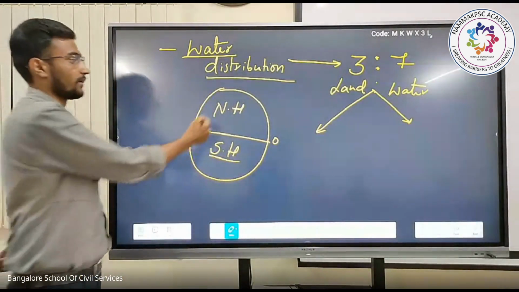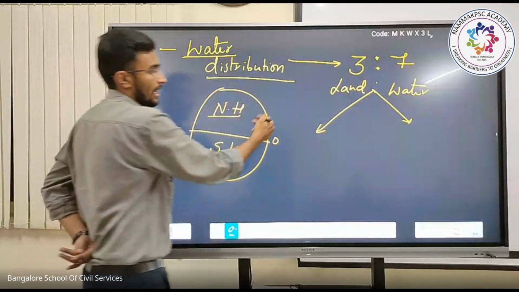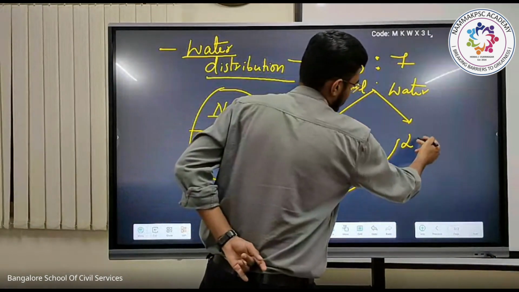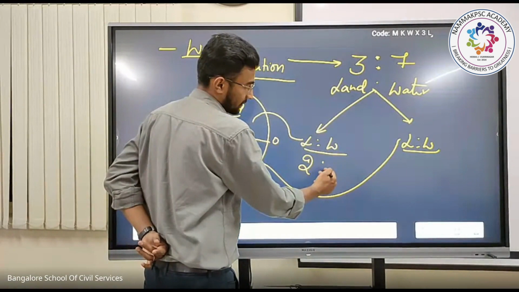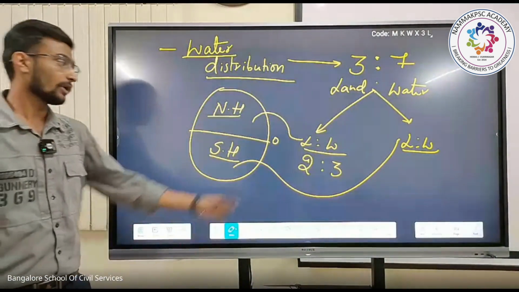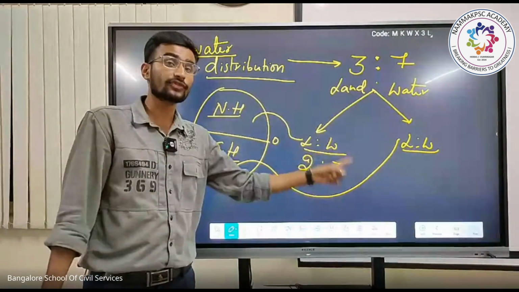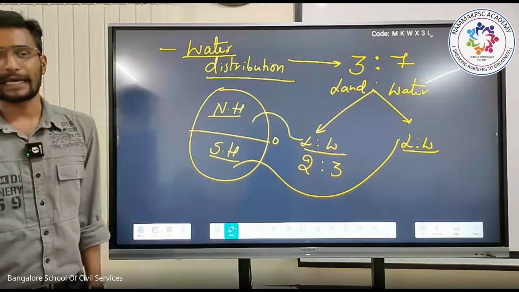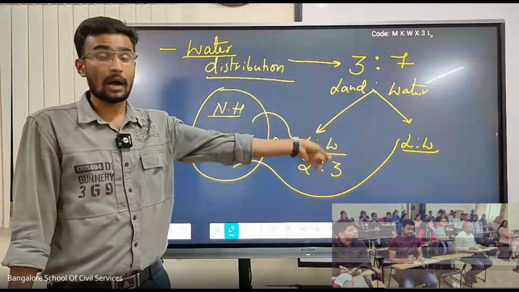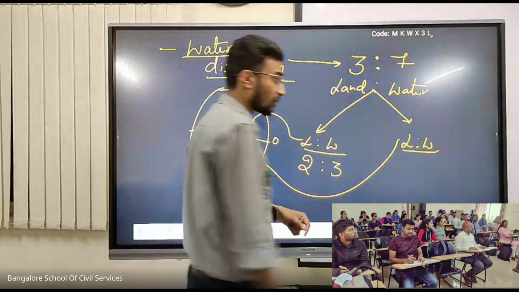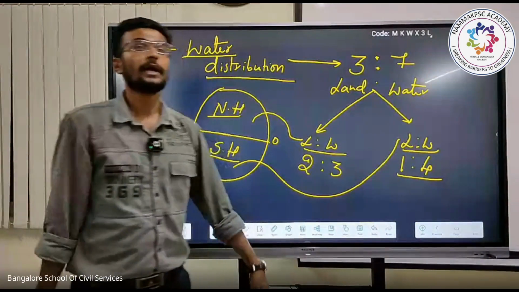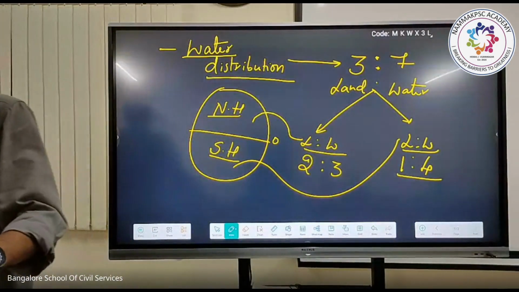Now, in the northern hemisphere, what is the ratio of land to water? It is 2:3. Two times will be land, whereas three times will be water. In the south, the majority is water, nothing but 1:4.